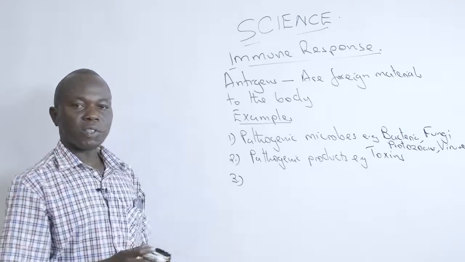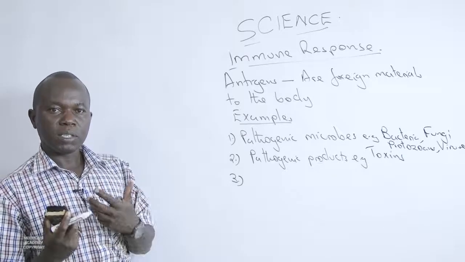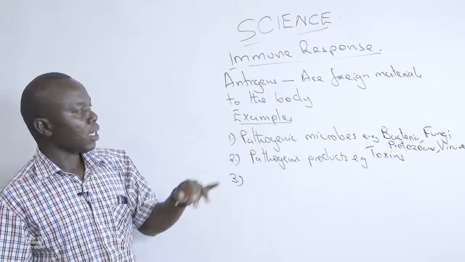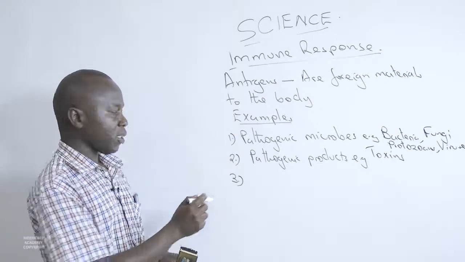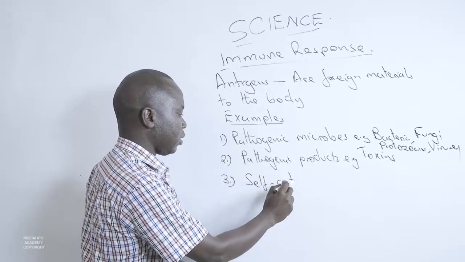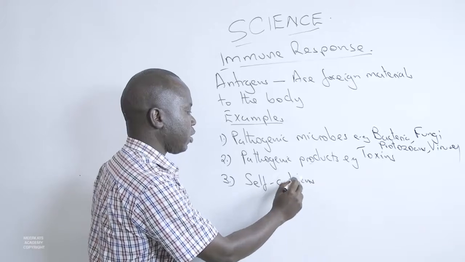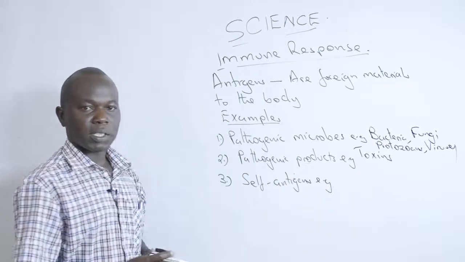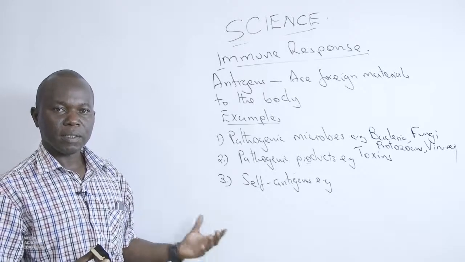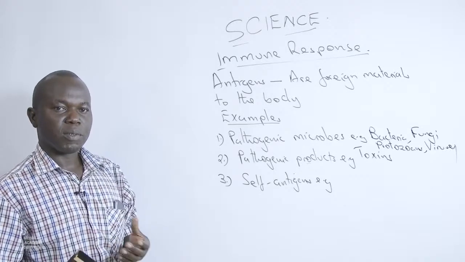But again, we also have materials in the body that the body can respond to as antigens. We call those materials self-antigens. For instance, you realize that inflammatory response can arise when somebody produces some hormones.